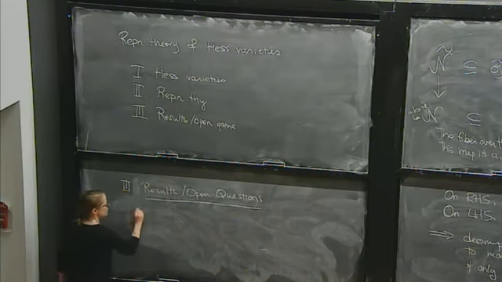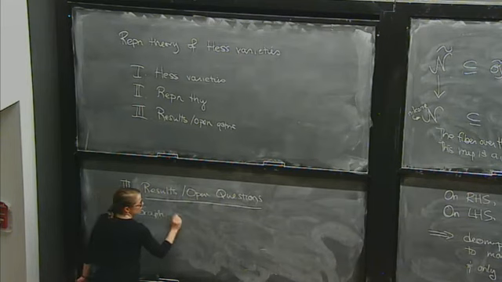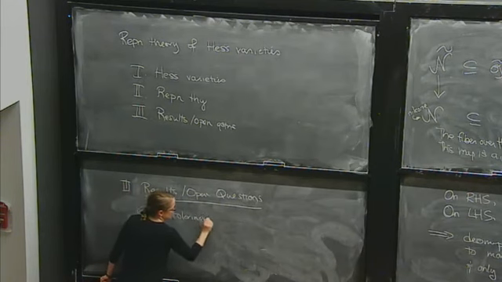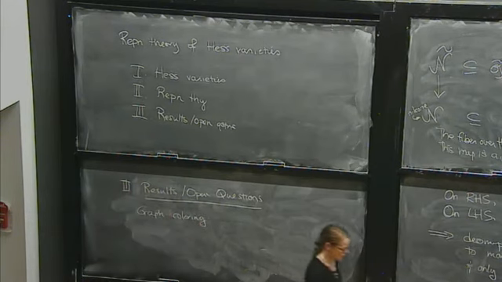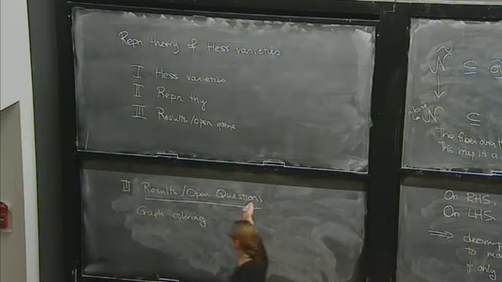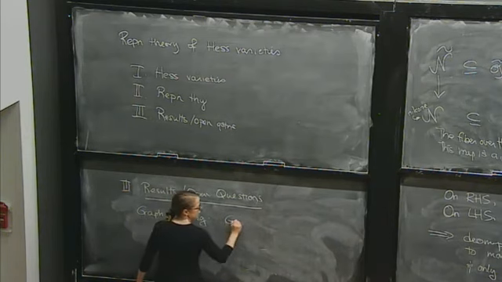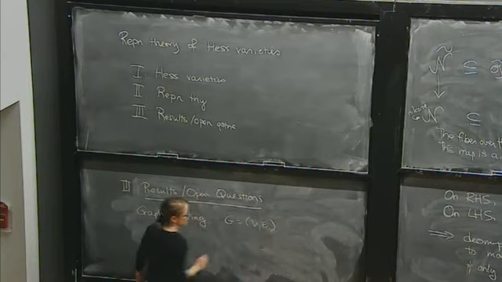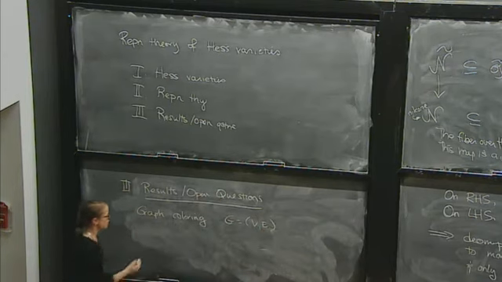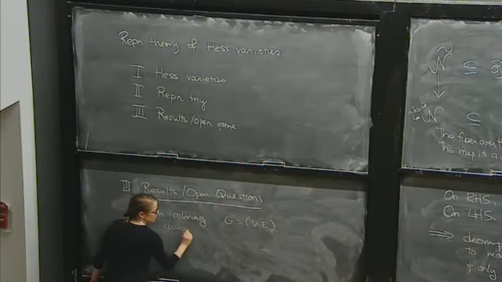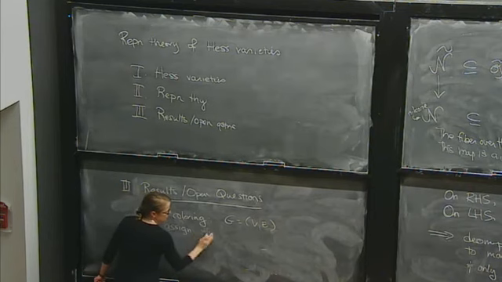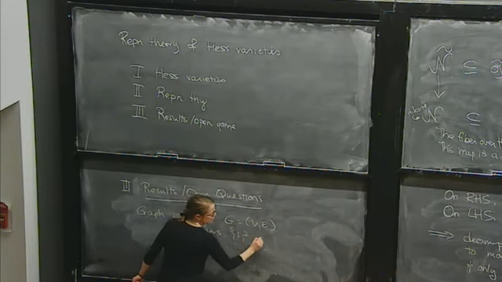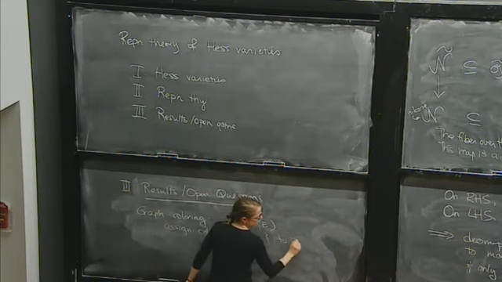If you have never seen a graph coloring, take a combinatorial graph, and what you want to do is assign colors, which we'll think of as just integers, to the vertices.